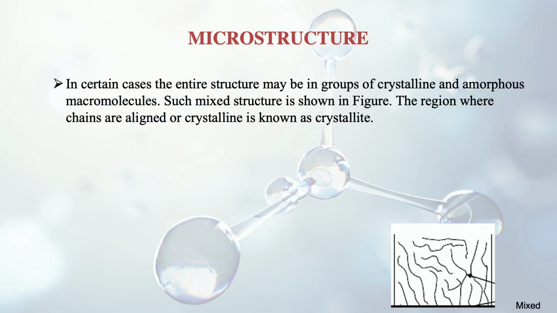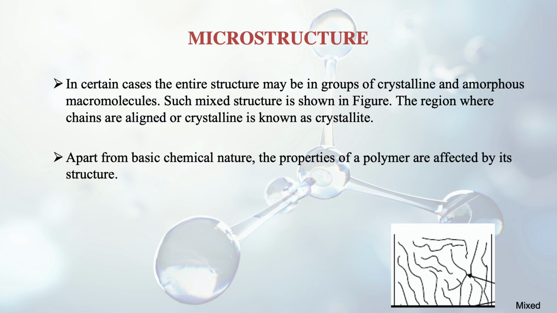In certain cases, what happens is that a part of the structure contains aligned type of chains, whereas the other part has mixed type, where they are in compact structure. So then this is called a mixed type of microstructure, because it has some fibers which are somewhat crystalline type and some others are amorphous type. So then there is a mixture, and they will have mixed properties also.